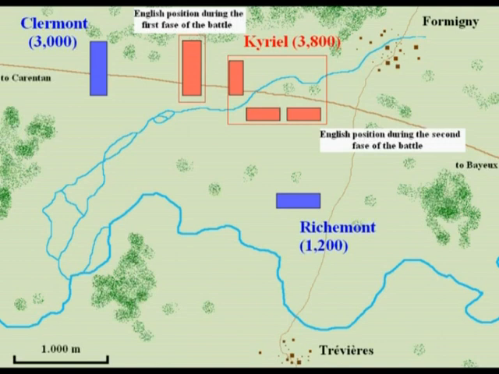If you look at the map, at how the English were deployed, basically they drew up a sort of convex line straddling the Carentan-Bayeux road, crossing here.